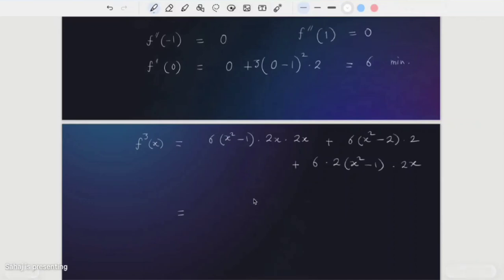So let's see if we can simplify this a bit. 6 4s are 24 (x squared minus 1) plus 12 (x squared minus 1).